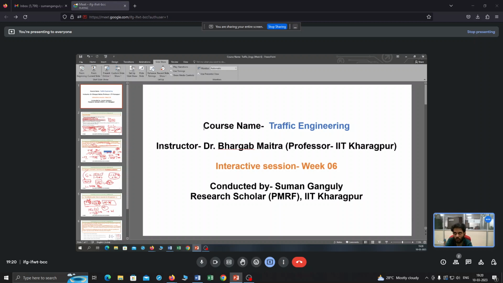And after traffic management options, the last 2 weeks, week 11 and week 12, are about the traffic safety aspect, right? So the first module is about the basics of traffic safety. Then comes what we mean by black spot, and how to conduct safety audits on the different national highways. What are the types of audits, and then different methods for accident investigation, accident frequencies, and then how to leverage different machine learning algorithms to calculate traffic safety.